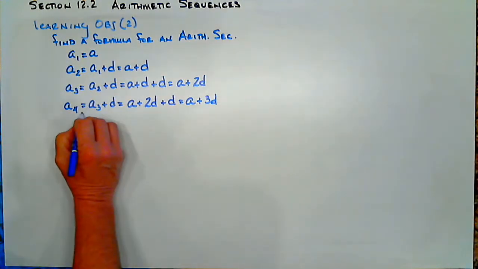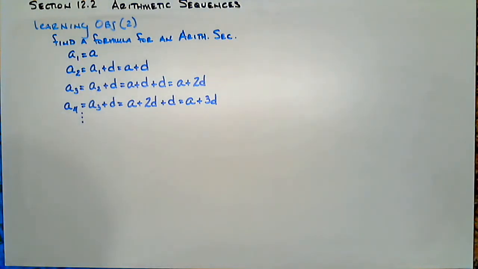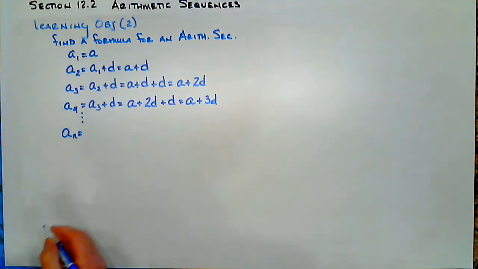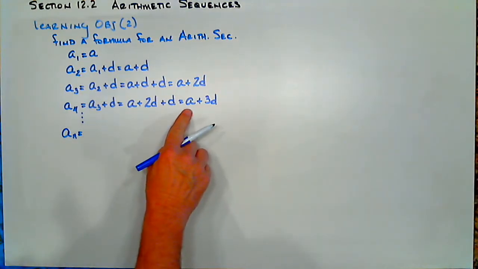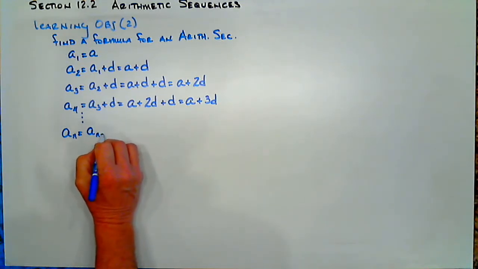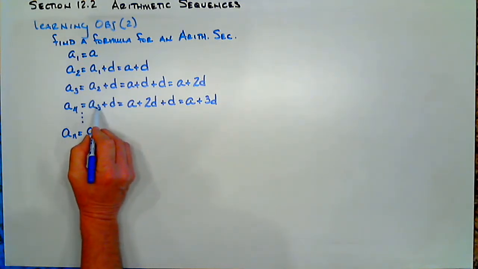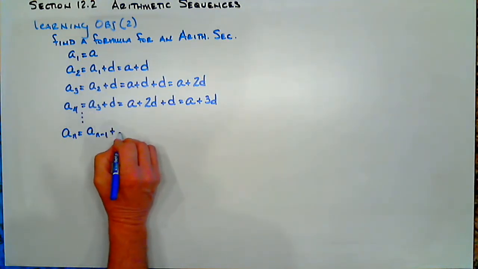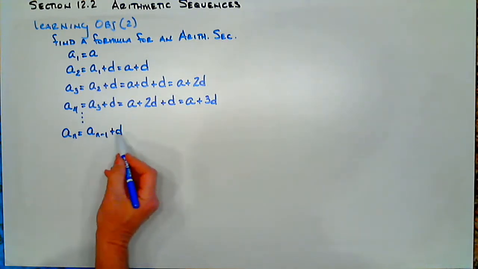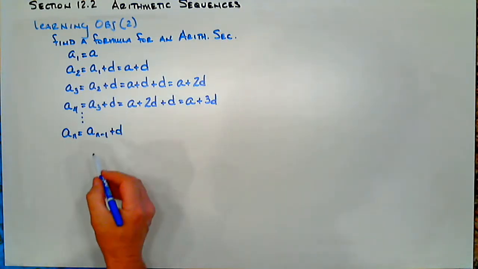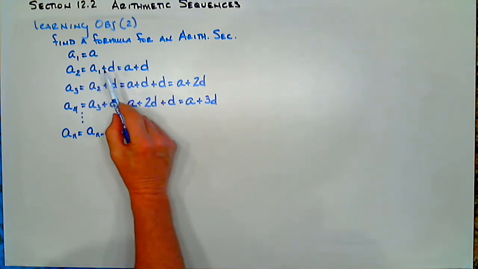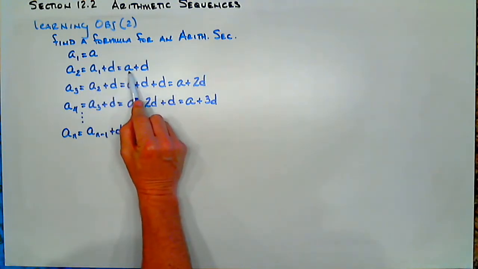And from there, just a couple of minutes ago in the video, we said it follows then that our nth term is going to be our n minus first term, the one that came before it, plus d. For 4, the one that comes before it is 3. For 3, the one that comes before it is 2. Now, what does that mean? Well, that's our definition, right? We have that down in our notes already. But from here, we can see what the formula is. It's a plus 0d, a plus 1d.